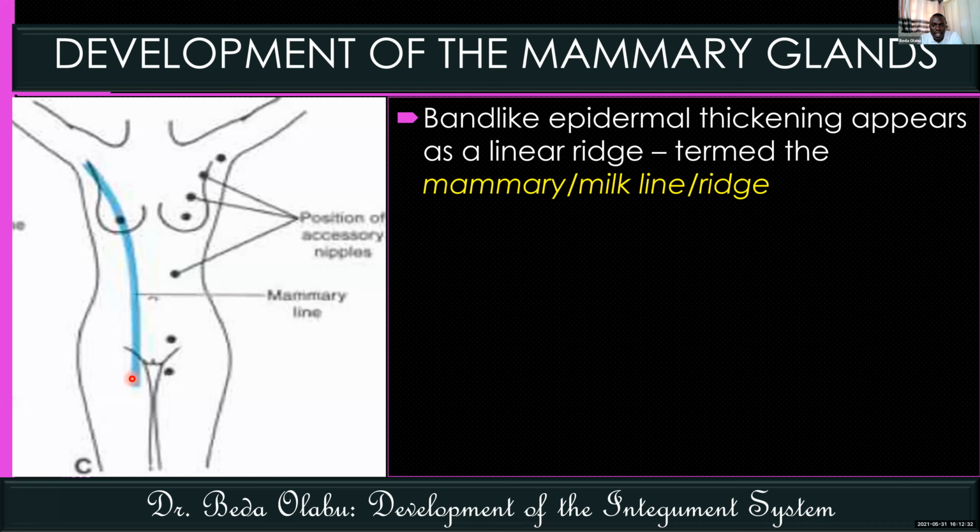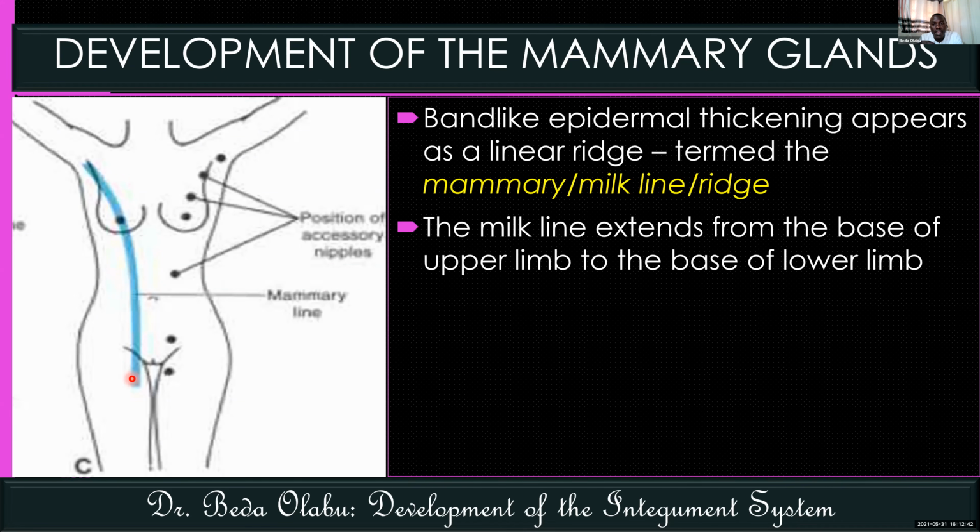We call it the mammary line or milk line or mammary ridge or milk ridge. Remember, it's a thickening of the epidermis, because it is a thickening of the ectoderm. It extends from the base of the upper limb to the base of the lower limb.